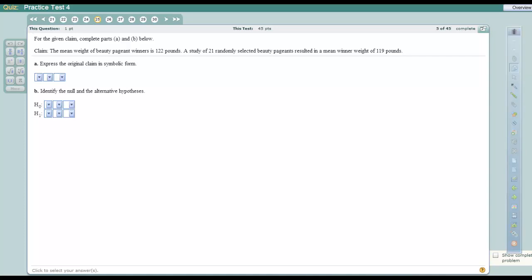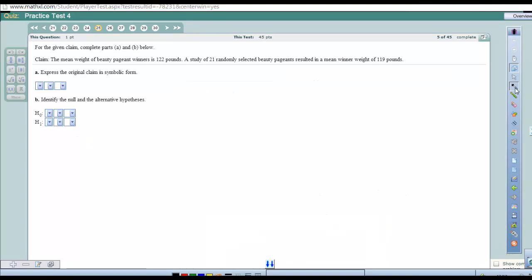Okay. It says for the given claim, complete parts A and B below. The mean weight of beauty pageant winners is 122 pounds. A study of 21 randomly selected beauty pageants resulted in a mean winner weight of 119 pounds. Express the original claim in symbolic form.